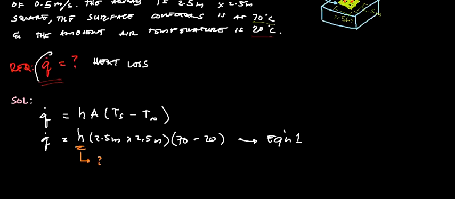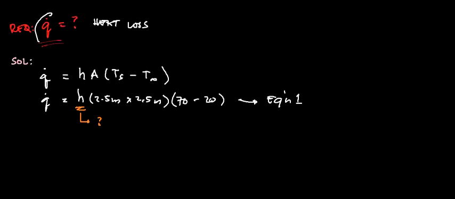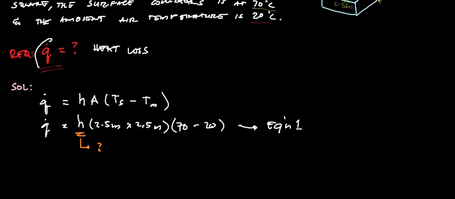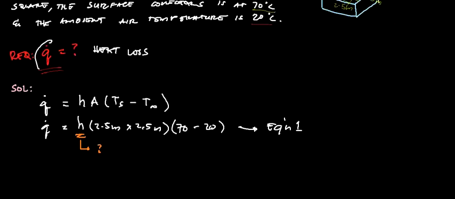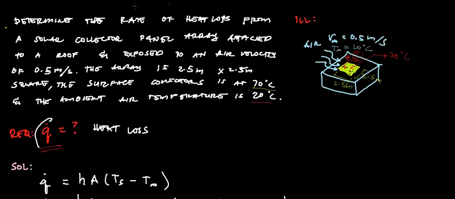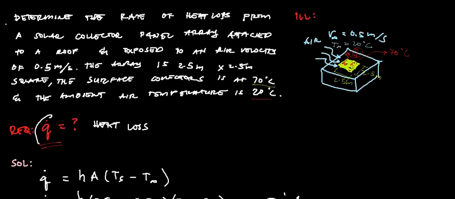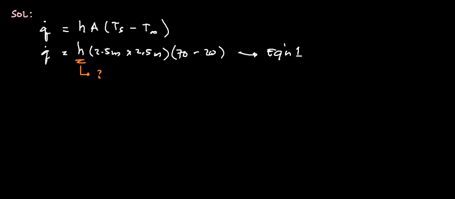Like I am saying, the main challenge in convection heat transfer is to find the value of the heat transfer coefficient, because different conditions of your setting will affect the value of H. So based on our given, let us determine the value of H. How can we determine this?